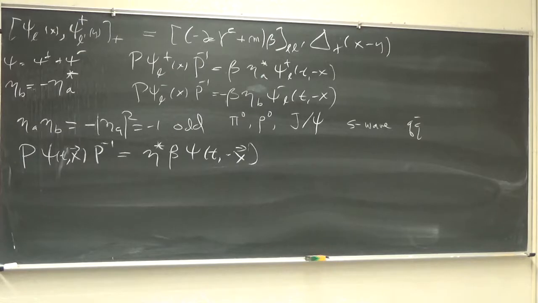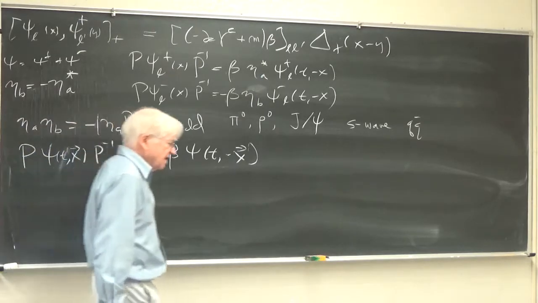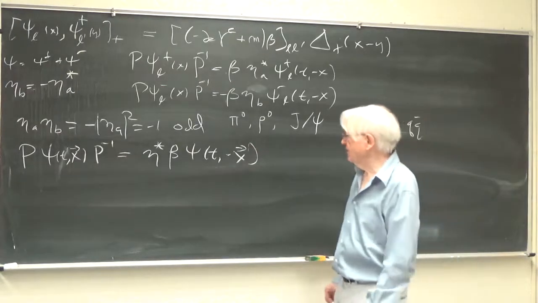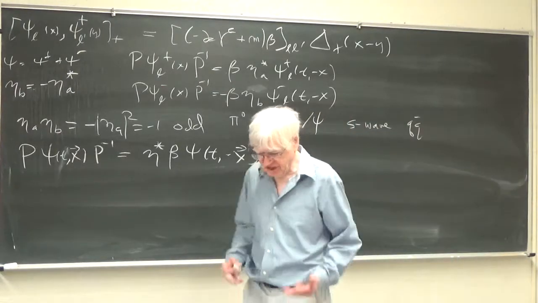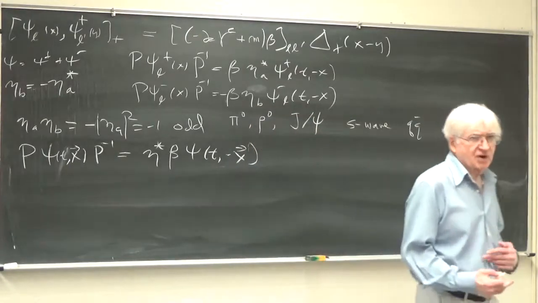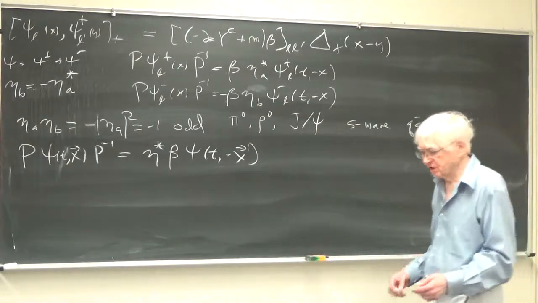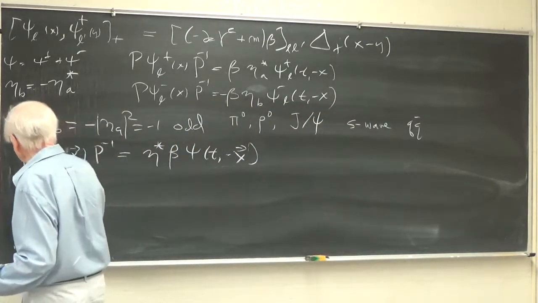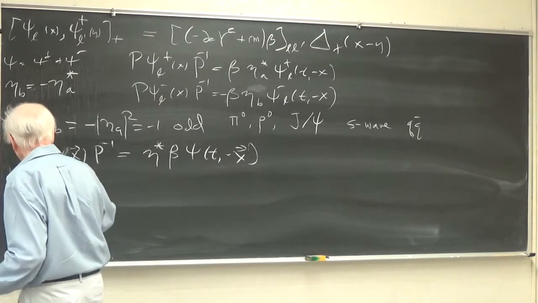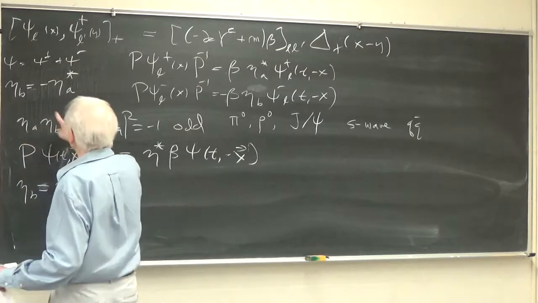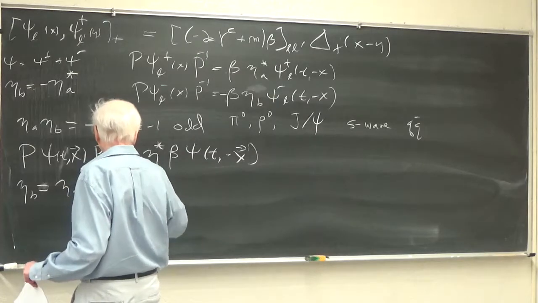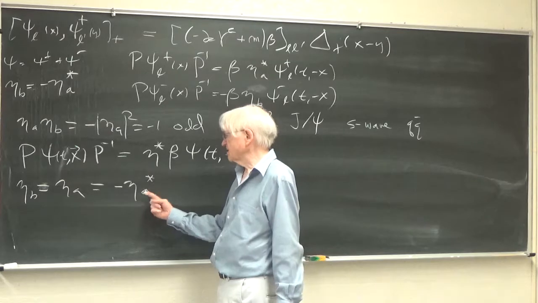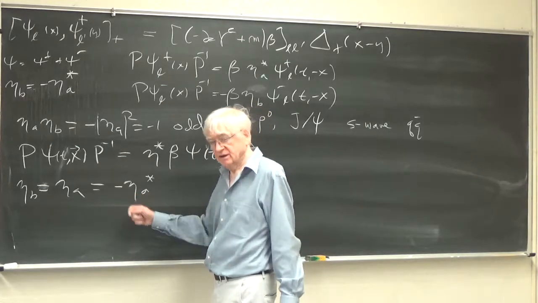Now, there's a wrinkle on this that's amusing that Weinberg points out, that suppose we have a fermion that is its own antiparticle, say a Majorana neutrino. Then we have to have A to B equal to A to A. But A to B is minus A to A star. So that means that under complex conjugation you get a minus sign.